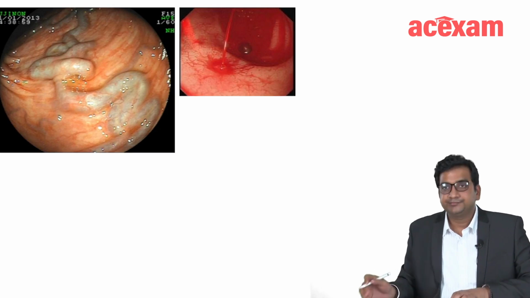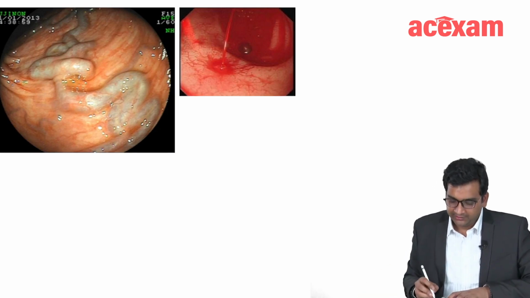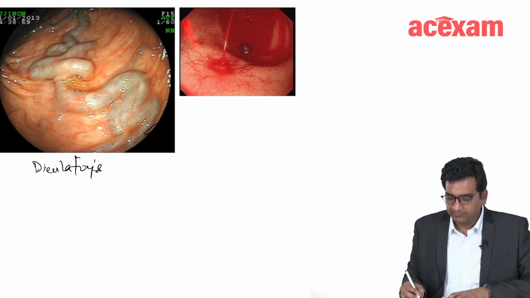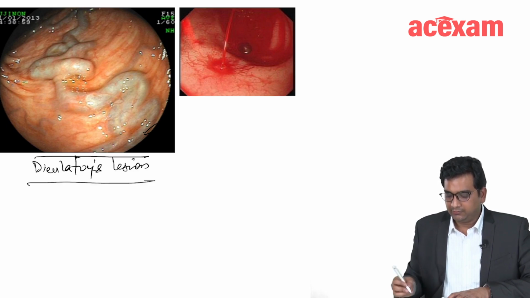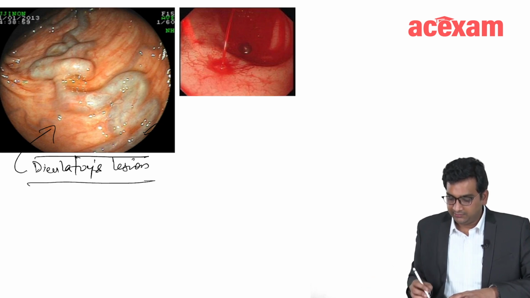Now, what is this? This is Dieulafoy's lesion. This endoscopic picture is important. Okay, this endoscopic picture is of Dieulafoy's lesion, in which there is a large arteriole which is visible.